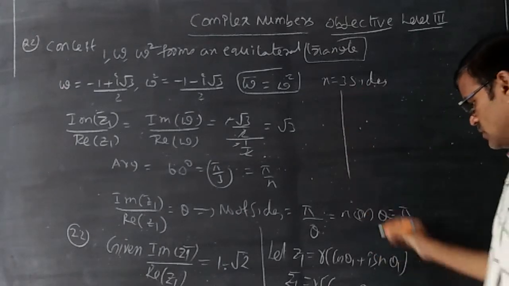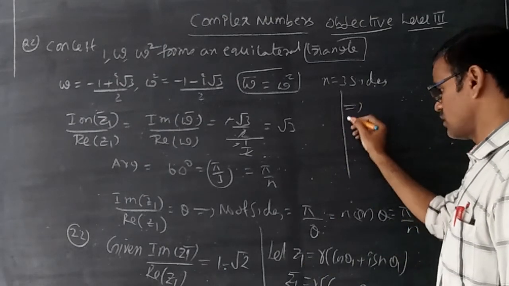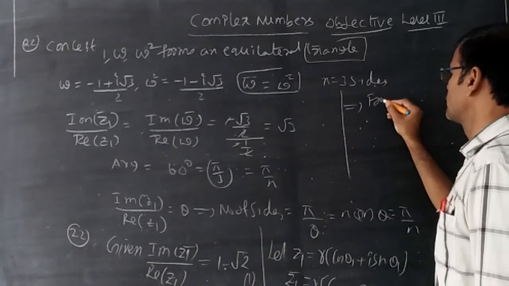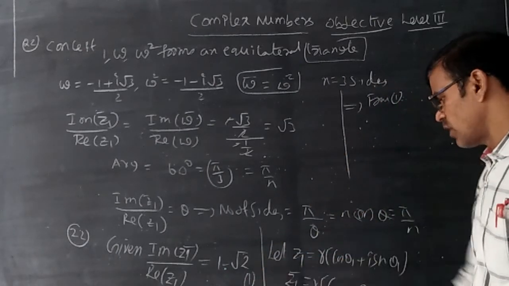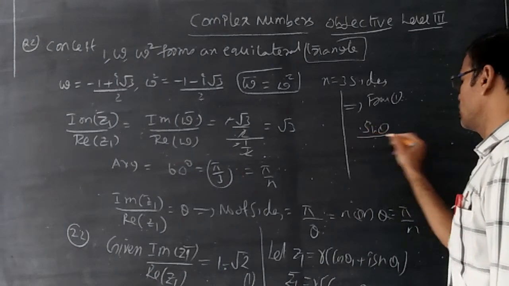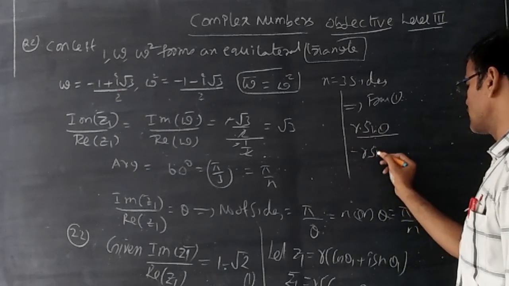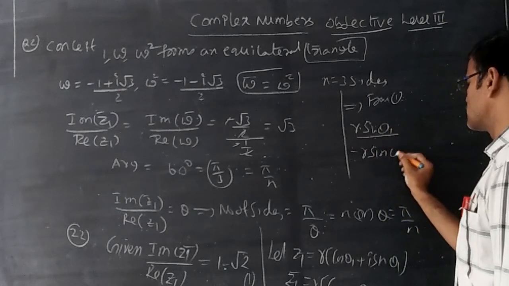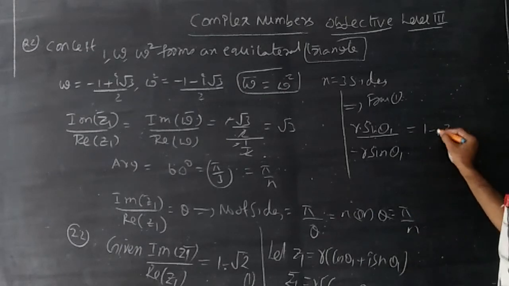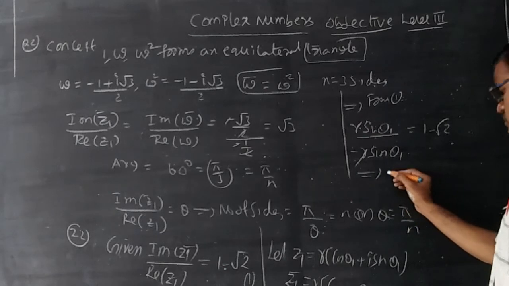What is the value of imaginary Z1 bar? It is minus R into sin theta 1, which is equal to 1 minus root 2, by real Z1. R gets cancelled.